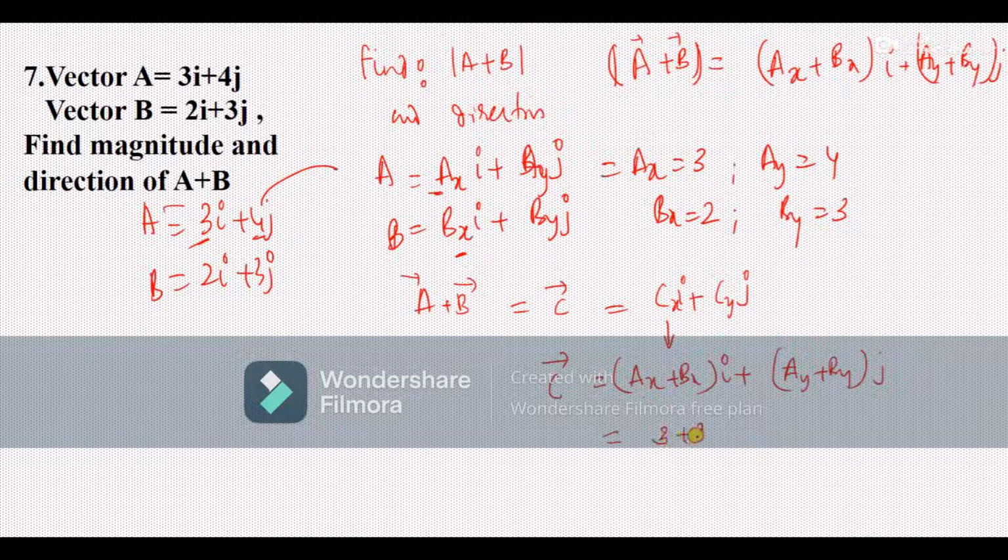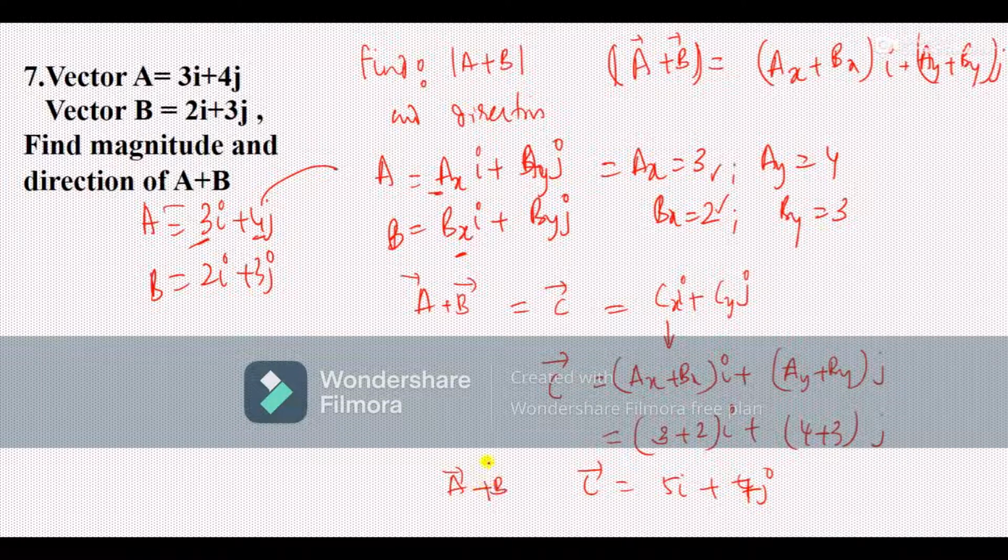So we directly substitute the Ax plus Bx values from the values given. The C vector turns out to be 5i plus 7j. So this is the A plus B vector.